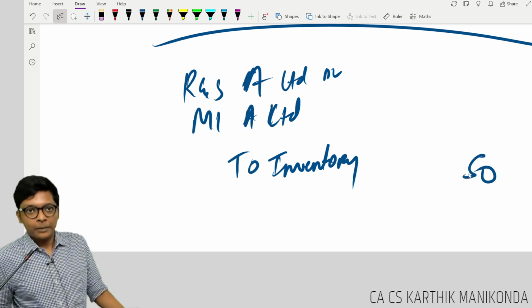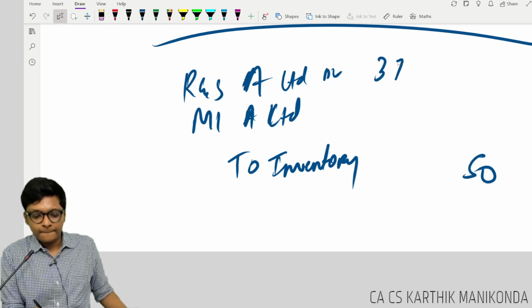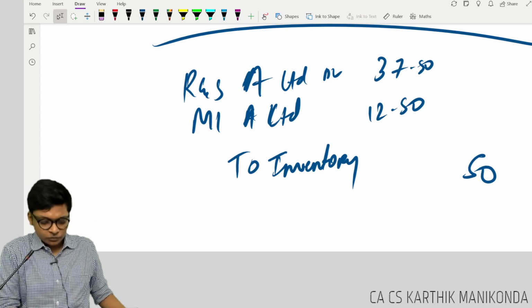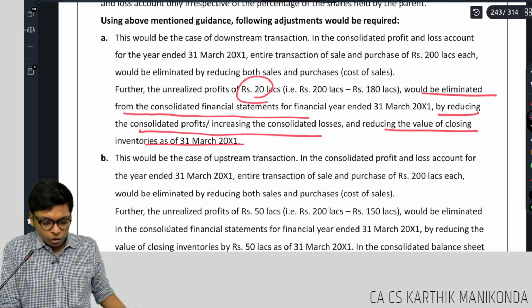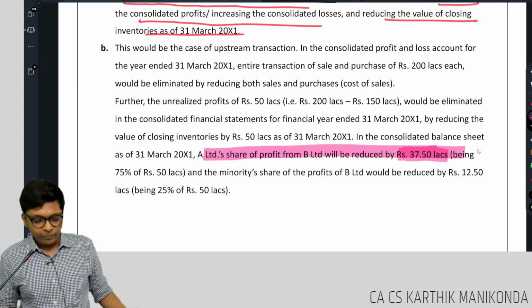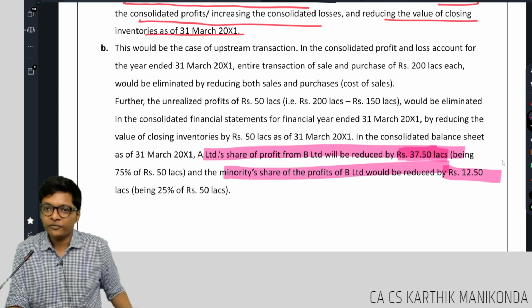Correct? But I will split 75 and 25. Are you following, guys? That's it. Come down, look at the answer. You will get the same answer. 37.5 will be reduced from A Limited share of profit, 12.5 from minority share of profits.